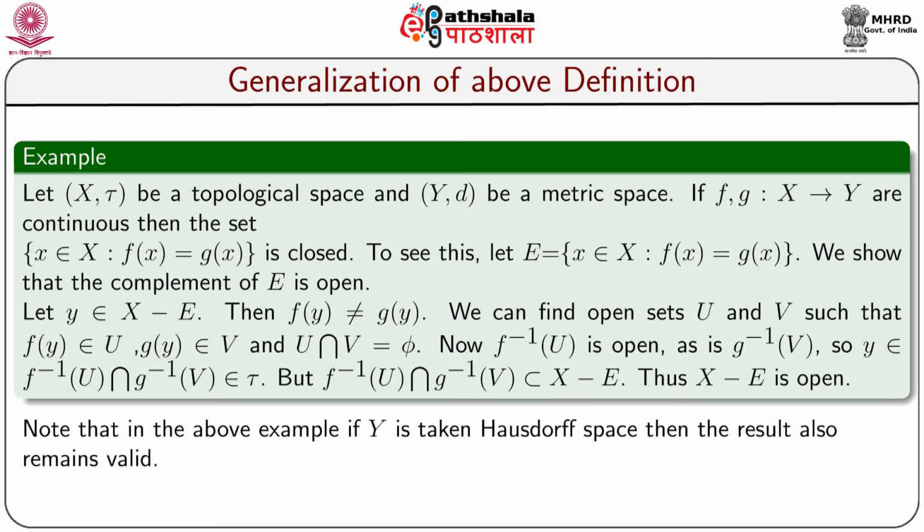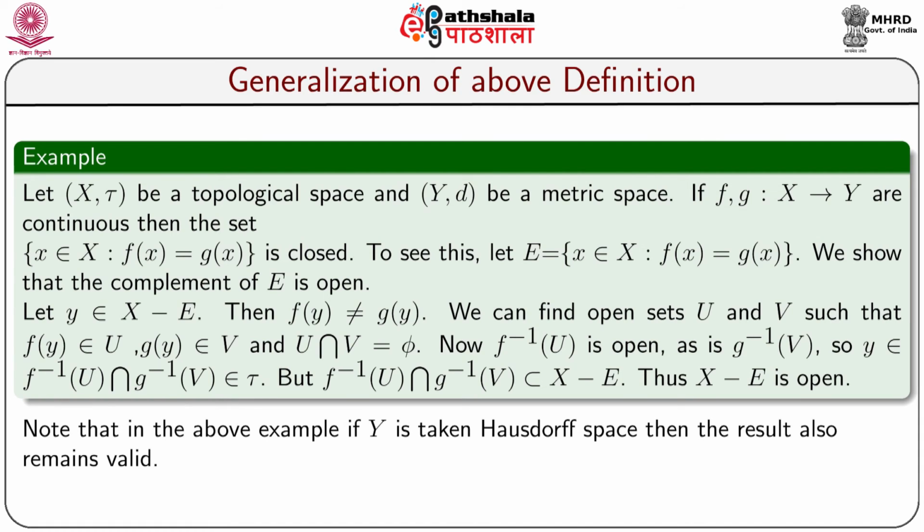Now, F inverse U is open as G inverse V is also. So, y belongs to F inverse U intersection G inverse V, which belongs to tau, but F inverse U intersection G inverse V is contained in X minus E, thus X minus E is open.